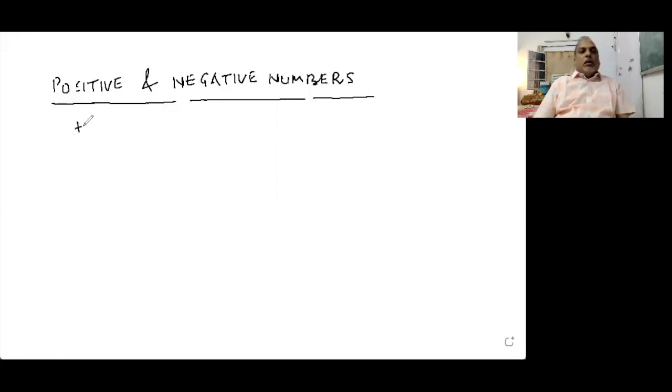Positive numbers are real numbers which are greater than 0.